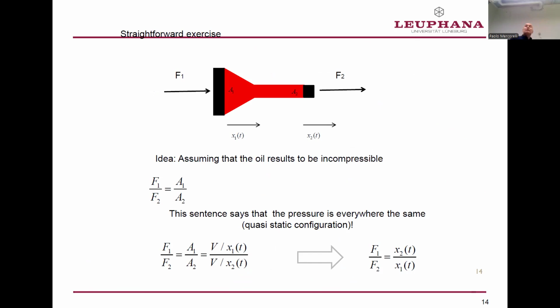Yeah, again, in this course here, we assume that the oil, or whatever we want inside, results to be incompressible. Now we will see what is the meaning because we discussed before with you. But the incompressibility is stated basically by this easy equation. The translation of this, the explanation of this equation here is basically in this sentence here.